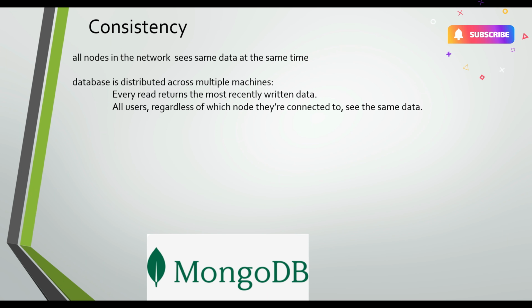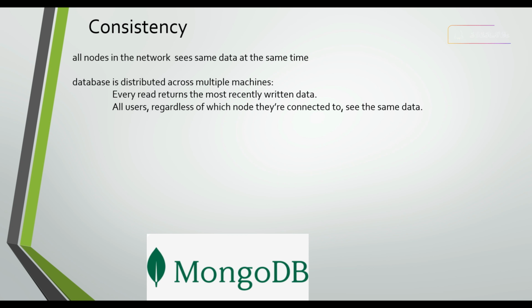Let's look at the very first thing, that is consistency. Let's break down each one by one. Now what does consistency mean? It means that all the nodes in the network are going to see the same kind of data at the very same moment.